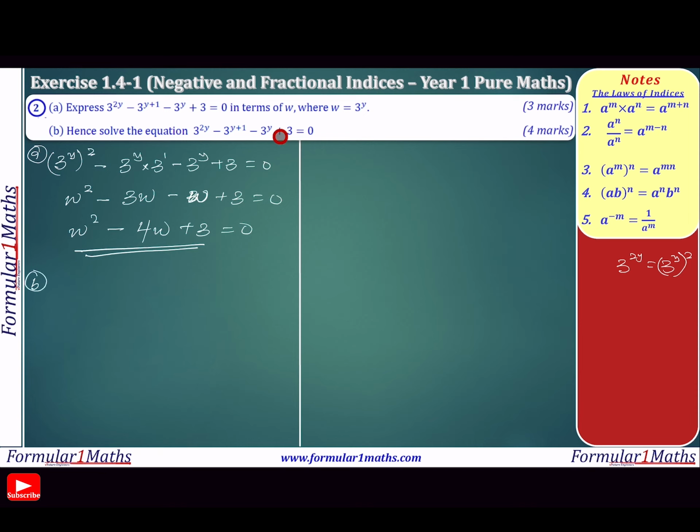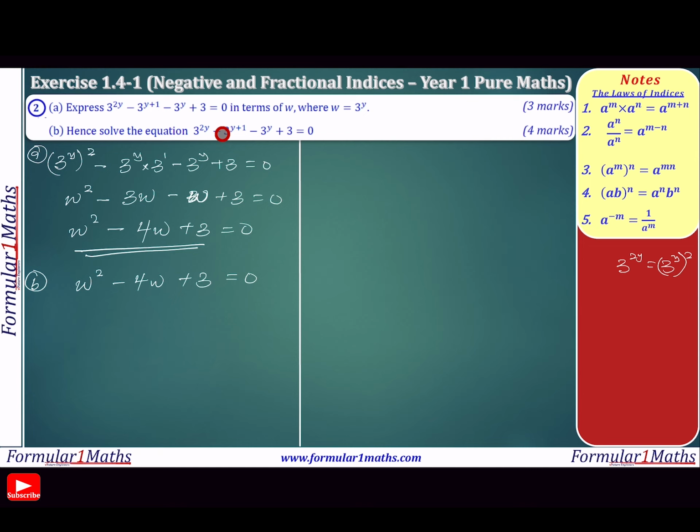But we know that this equation can be represented by this quadratic equation here. So it means if we solve this, we can get the values of y required. So we know that w squared minus 4w plus 3 equals 0 is the same as the equation that we are required to solve.